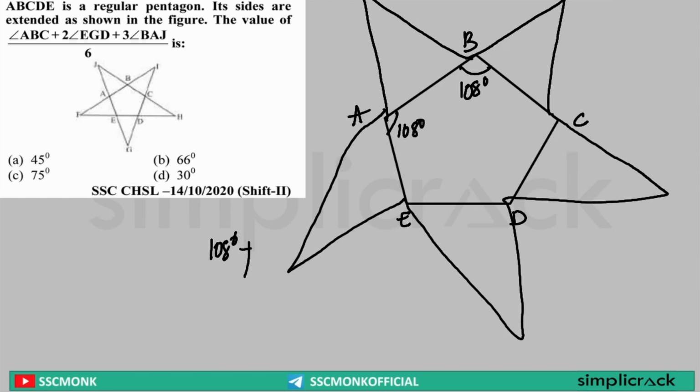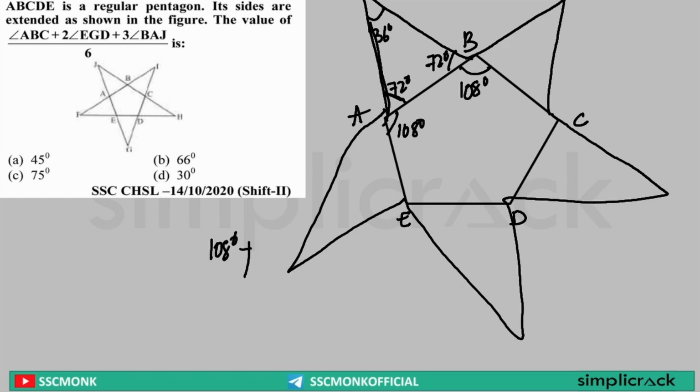But see, understand here, if this is being extended, this angle is equal to what? 72 degree. This angle is equal to what? 72 degree, because this is the simple extension. Yes or no? Yes. So if these two are 72, 72, that is 144, this is equal to 36 degree. So BAJ is equal to 36 degree.